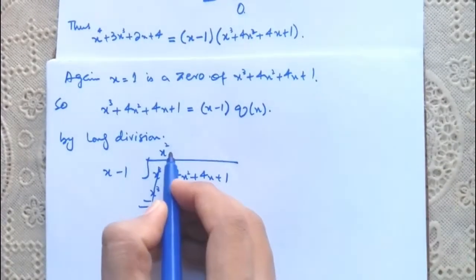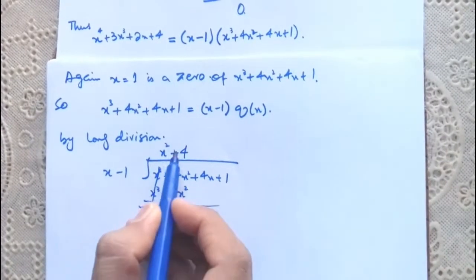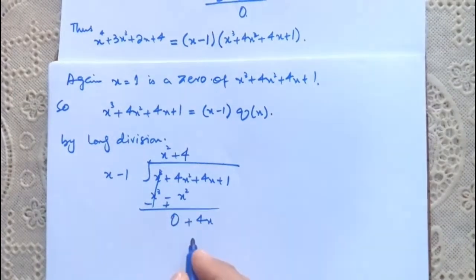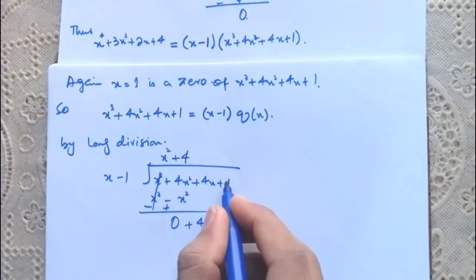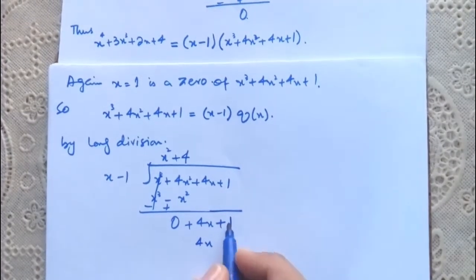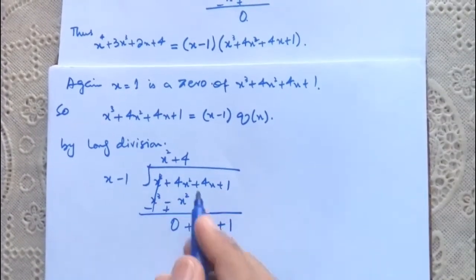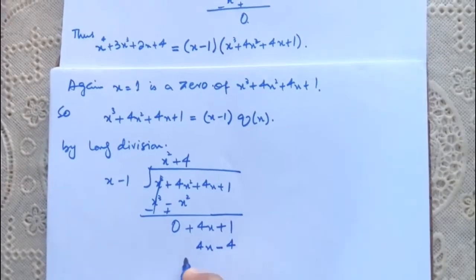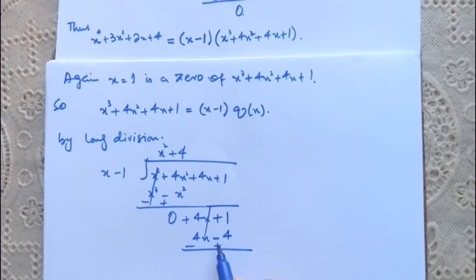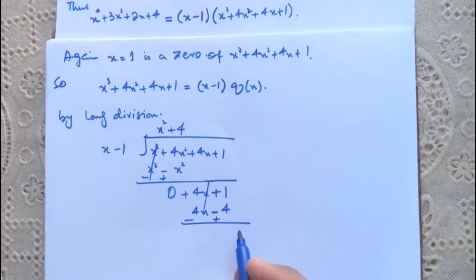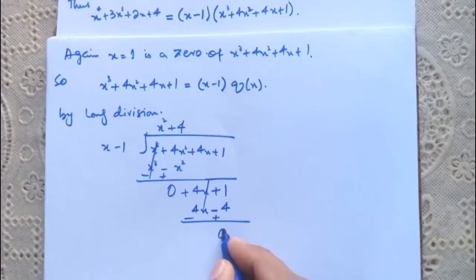Now if we multiply 4 to this factor, we get 4x. Now if we write +1 here, we get 1 + 4, which is equal to 5, and 5 in Z5 is equal to 0.